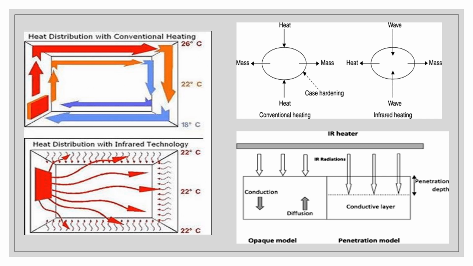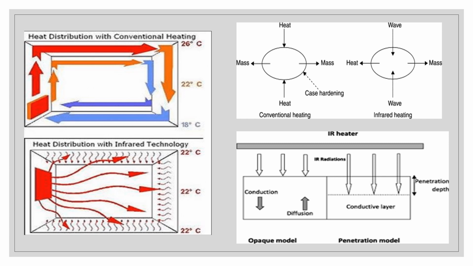And the image on the upper right hand side shows that in conventional heating, the problem of case hardening may occur because as the food is exposed to heat, there is mass transfer, but heat is accumulated in the food product.